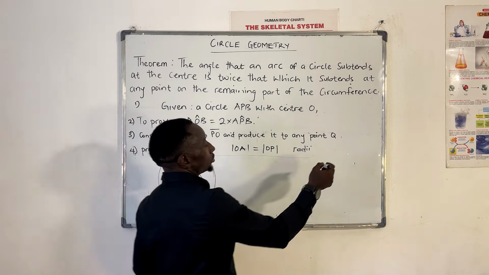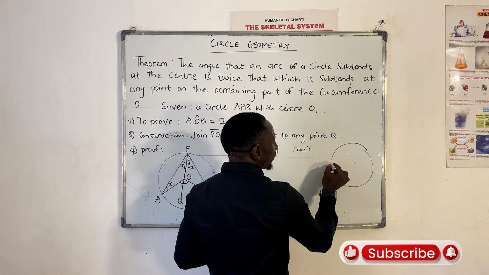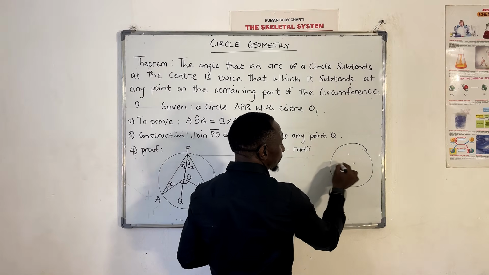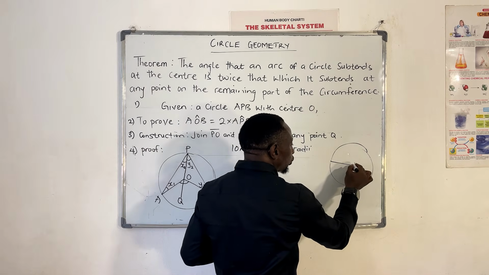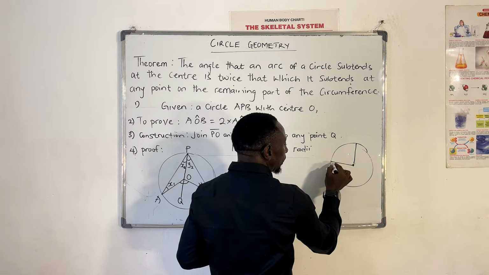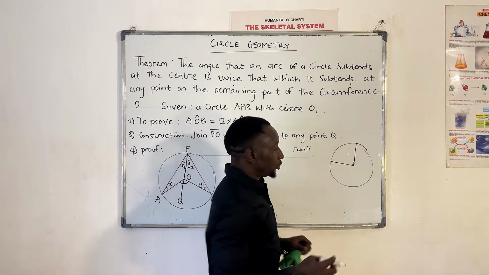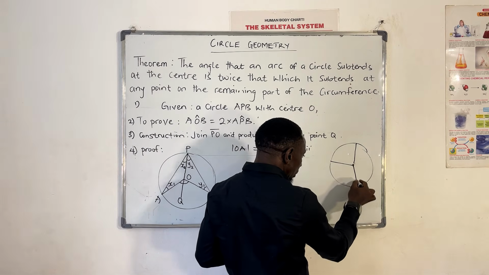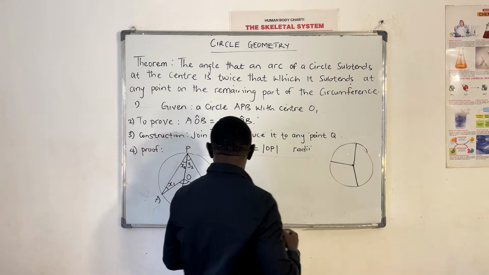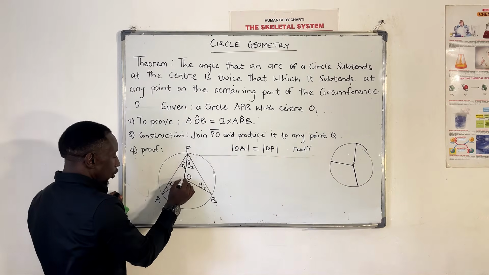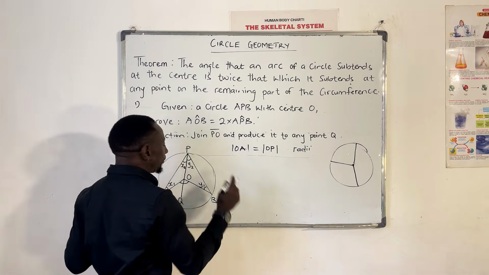In a circle, every line from any point on the circumference to the center is a radius. If I draw another line from this center to any part of the circumference, it's also a radius. So this and this are equal, as long as they are within the same circle. If I draw another line from this point to any part of the circumference, it's also equal. So all three, 1, 2, 3, are equal. So you see, your OA and OP are equal.